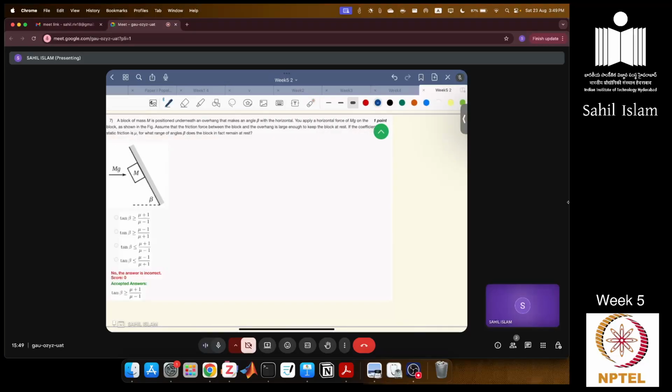So let's say the force applied is mg. Then you have the actual gravitational force mg. Then you have the normal reaction. Then you have the frictional force. So what is the component along this line? So let's say this is our x direction, this is our y direction. This is beta.